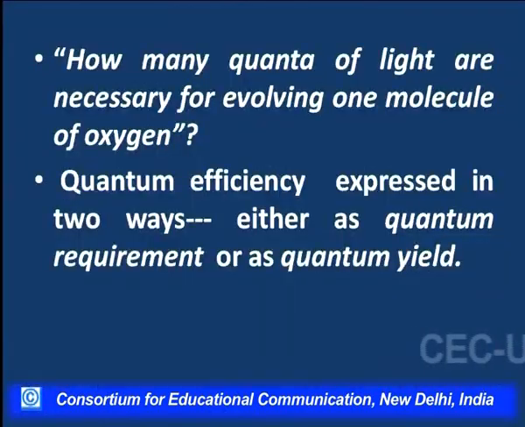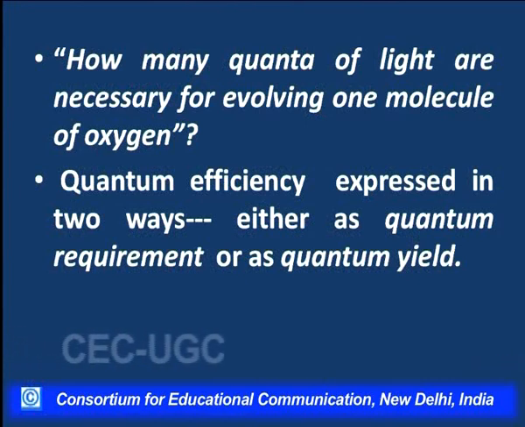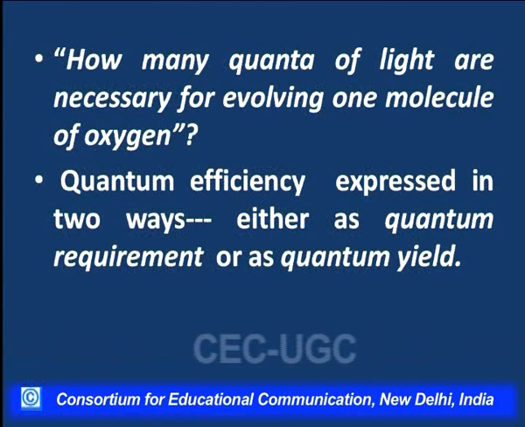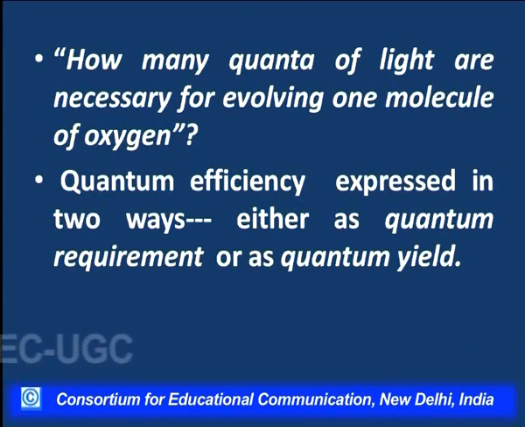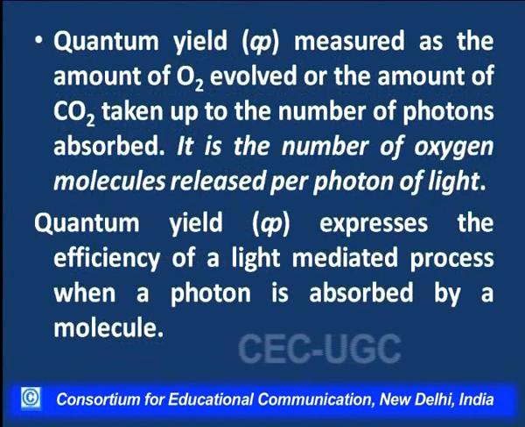The first one is quantum efficiency. Now, what would this quantum efficiency mean? It would mean the amount of light quanta required for the process, and the quantum yield would be how much oxygen is released per light quantum. So these are the two constants which we have to first understand.